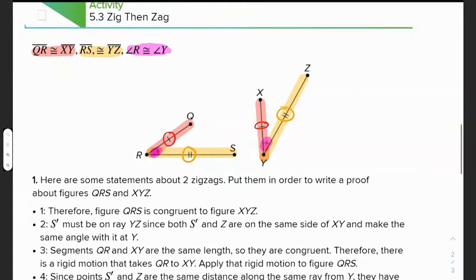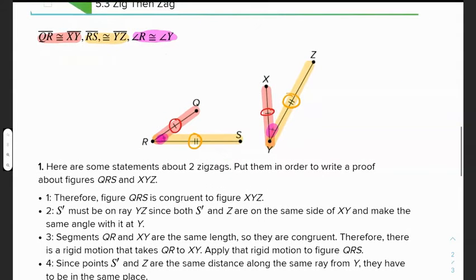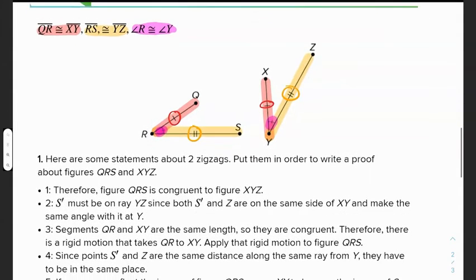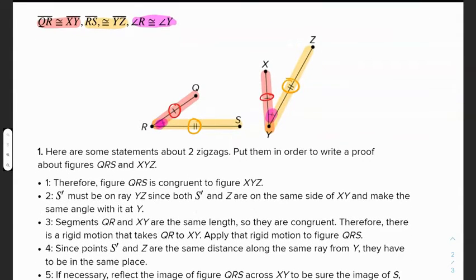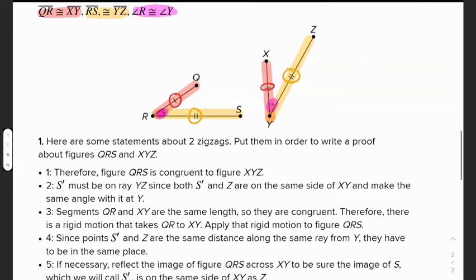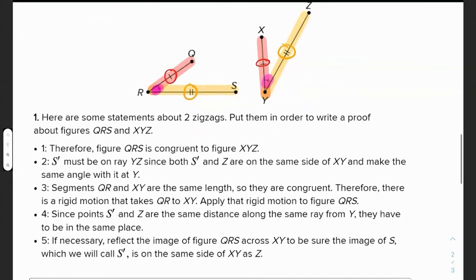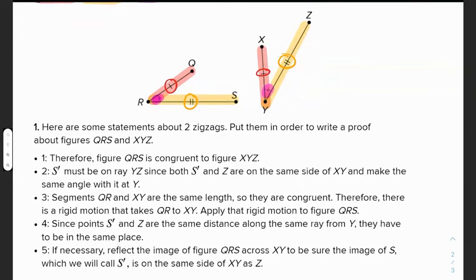All right, here are some statements about two zigzags. Put them in order to write the proof about the figures QRS and XYZ. So these aren't in order. Therefore, figure QRS is congruent to XYZ, so this is number one.